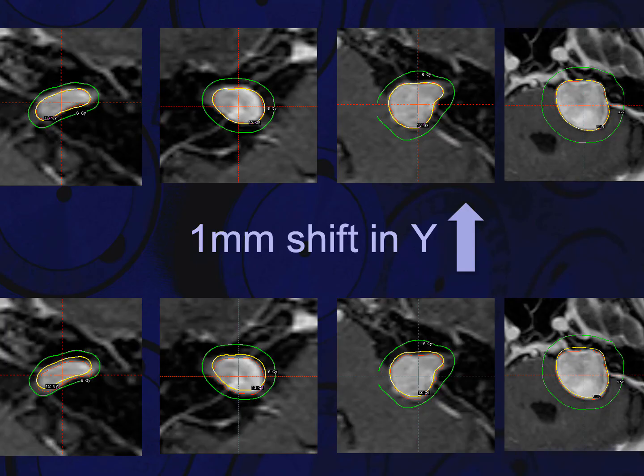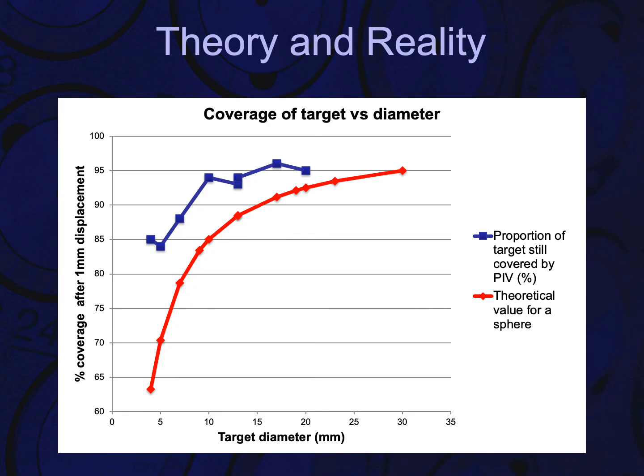Now we can actually apply, in this case, this short study has looked at a series of vestibular schwannoma plans, and I've applied a 1 millimeter shift in the y direction to those, and then I plotted those on the original chart, and you can see, interestingly, that the proportion of target that's still being covered is actually higher than that in theory.